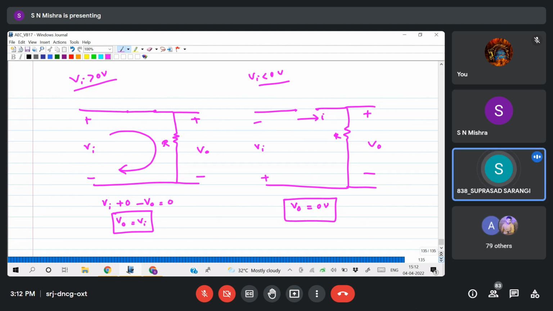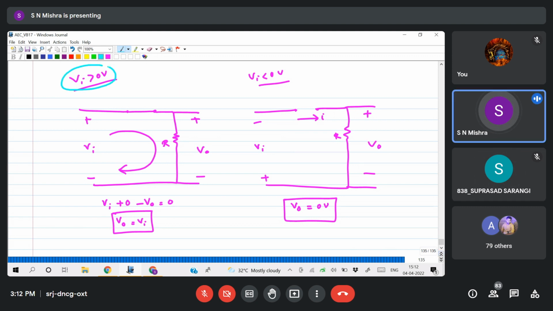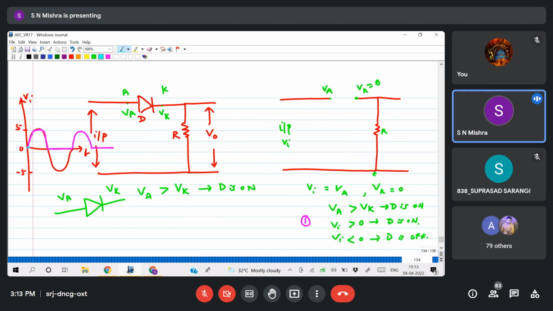Sir, please explain the waveform once more. See, whenever Vi is greater than 0, what is my output voltage? Vi. Yes, sir. Look here, this point is more than this, meaning Vi is changing from 0 upward. So whenever it moves from 0 to more than 0, the output voltage will change as the input voltage.